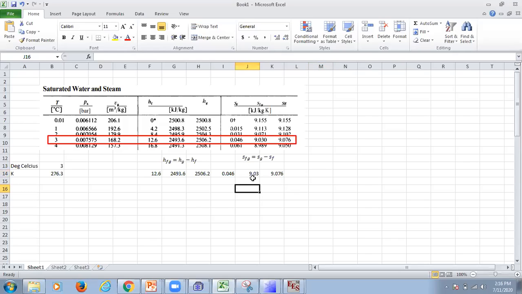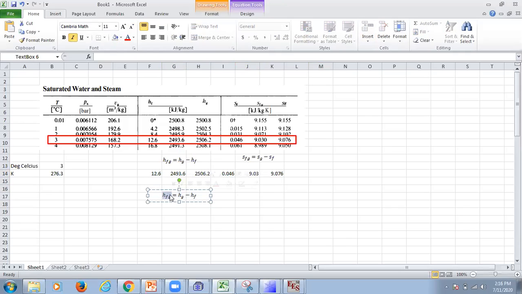Also, I'm going to do one more calculation here: hfg divided by the temperature in kelvins.